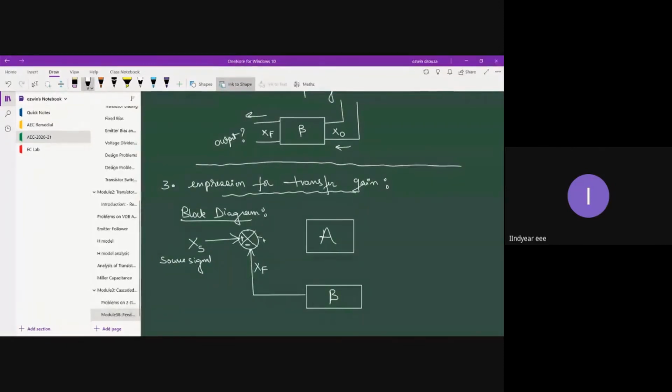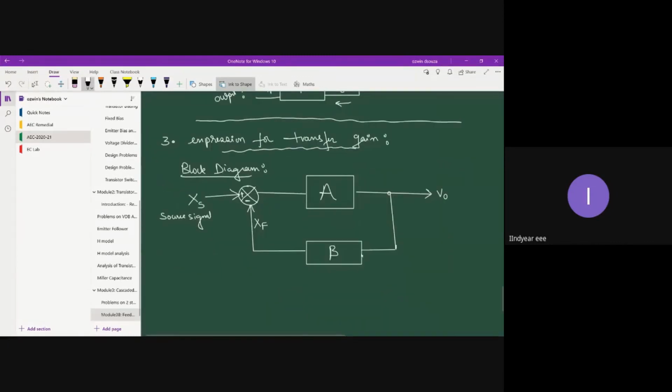The output of the mixer is then connected to the amplifier, and the output of the amplifier is taken as V0. Let us also feed the output to the feedback network.